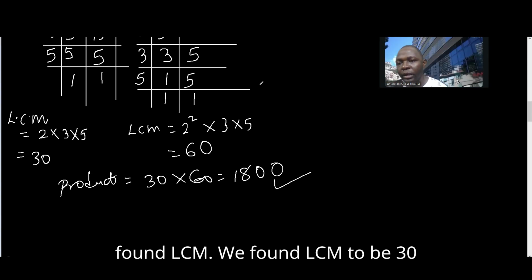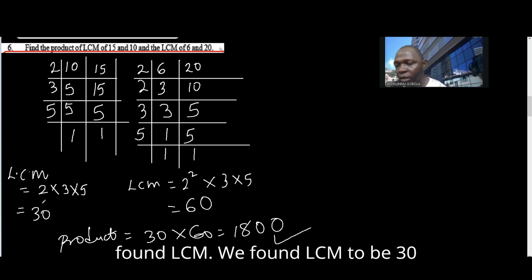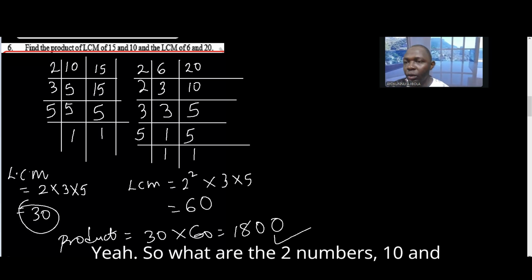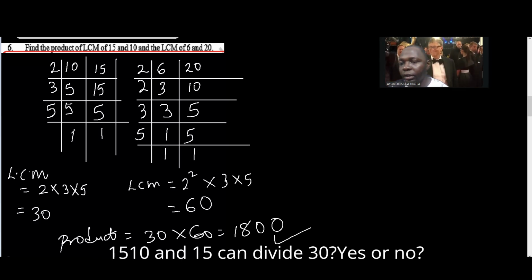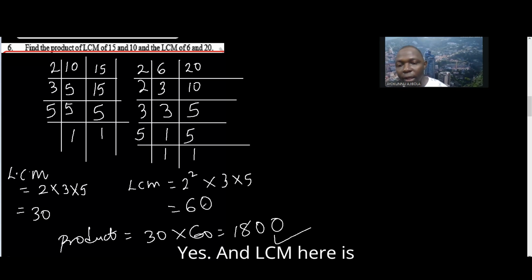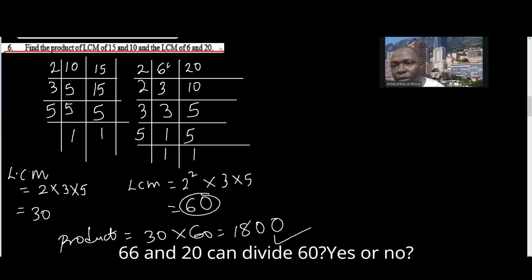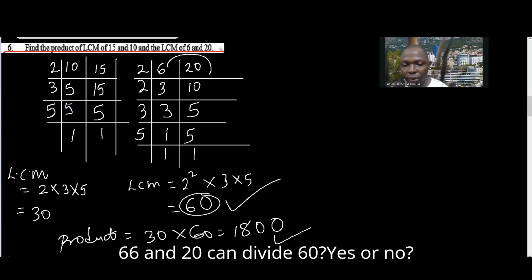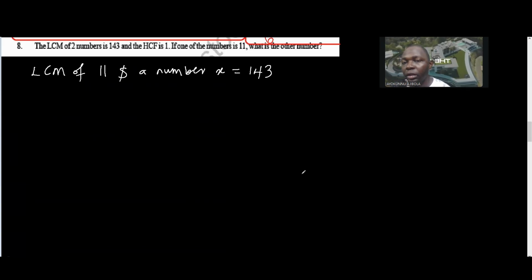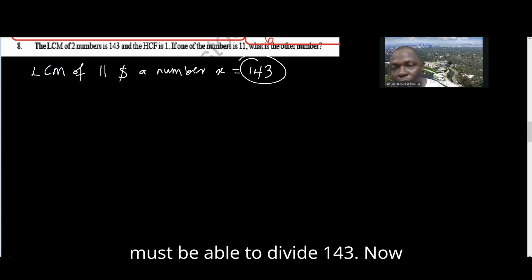Let's check where we found the LCM. We found the LCM to be 30 here, right? So what are the two numbers? 10 and 15. 10 and 15 can divide 30, yes or no? Yes. And the LCM here is 60. 6 and 20 can divide 60, yes or no? Yes. So the two numbers that were given must be able to divide 143.